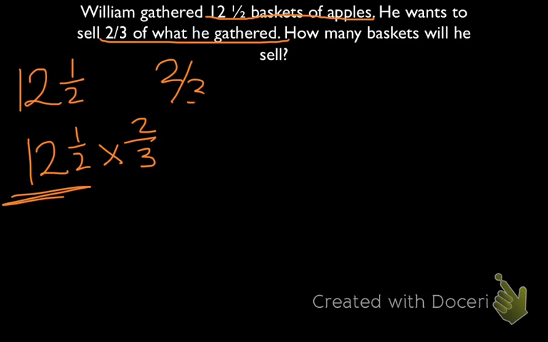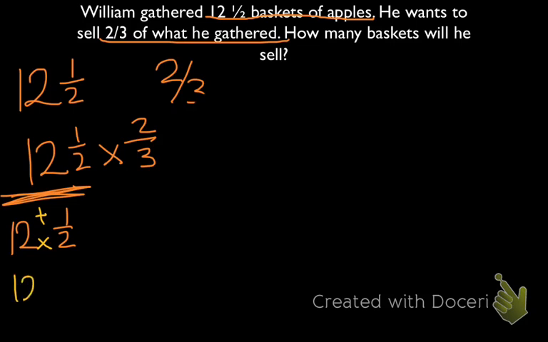Now this is a mixed number. The easiest way for us to do this problem is to change all the factors in our equation into a fraction. So since this is a mixed number, we're going to have to change this into an improper fraction. So if we have 12 and 1/2, we're going to want to multiply the whole number by the denominator and then add the numerator.